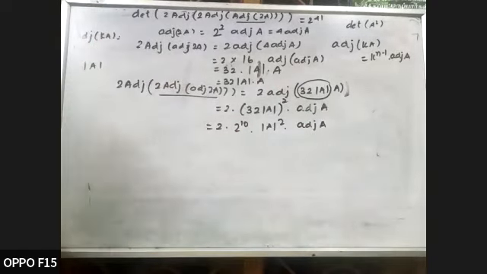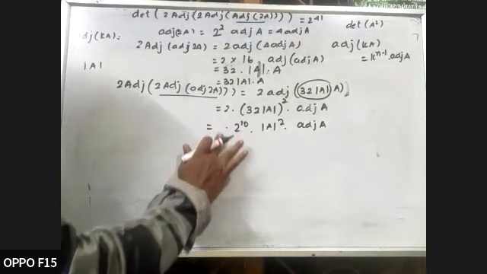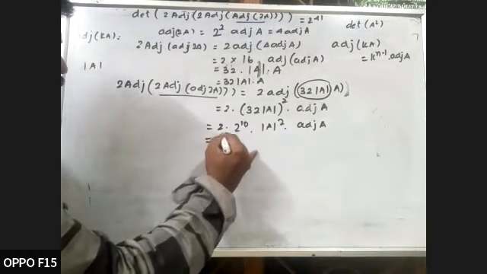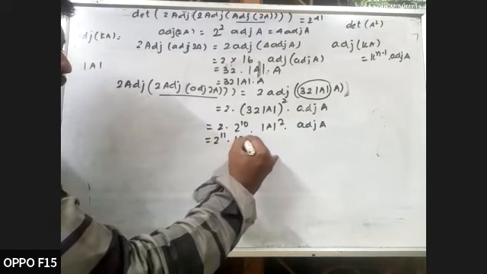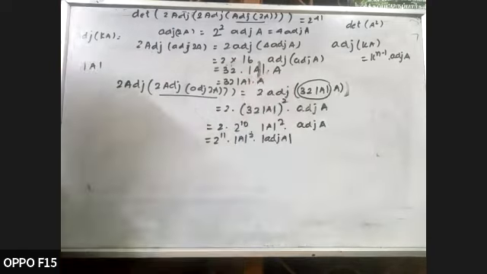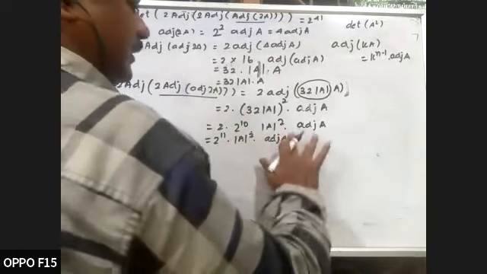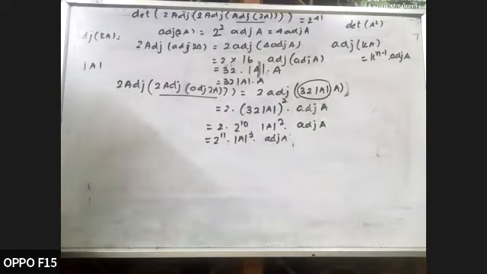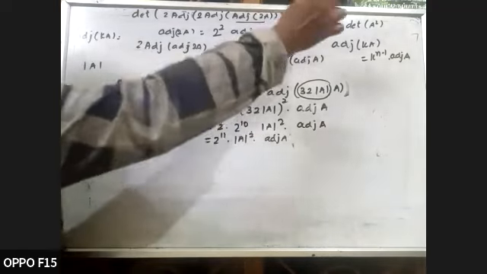Determinant of 2 into adjoint of 2 into a, which is equal to 2 power 41. Its value is 2 power 11 with it. Change it in the next step, which is equal to 2 power 11 into determinant of a square into adjoint of A. Determinant, sorry, just adjoint of A, not determinant. Determinant of adjoint of A. Its determinant value is 2 power 41.